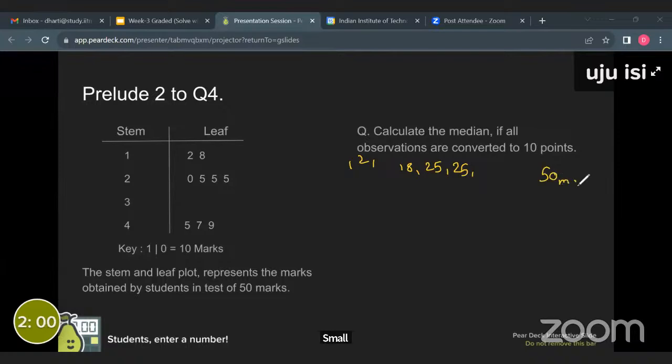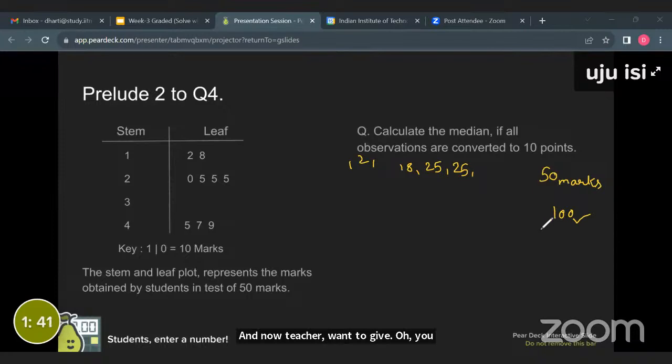So the test is of 50 marks, so obviously you will get marks out of 50, right? Let's say this test is of 100 marks, for example. And now the teacher wants to give you points according to your marks.